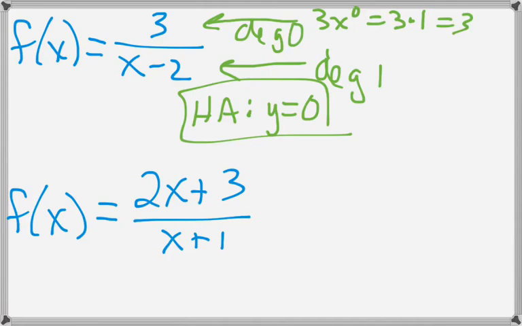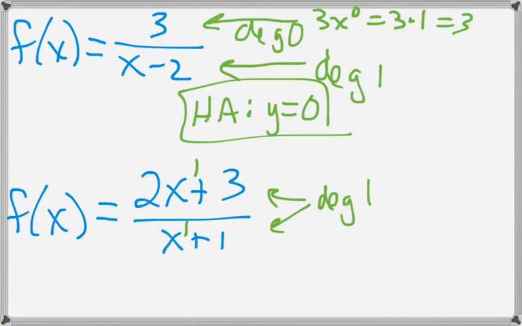Alright, for the second one here, the degrees of the numerator and the denominator are both 1. And so if that's the case, what we do is we divide the leading coefficients. Remember, the leading coefficient isn't necessarily on the first term.